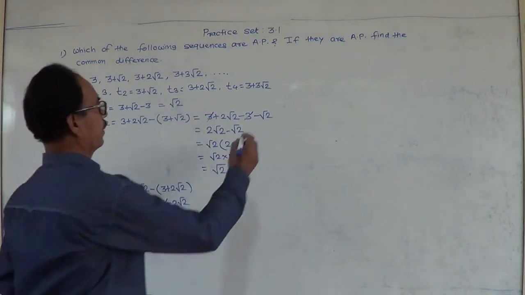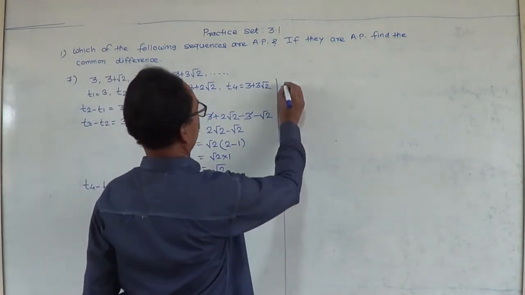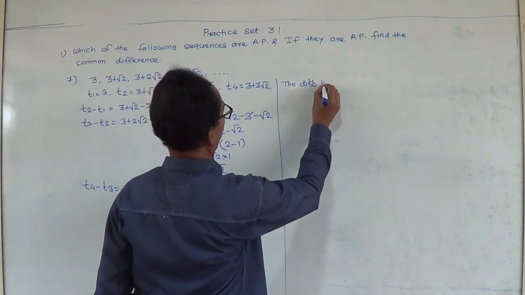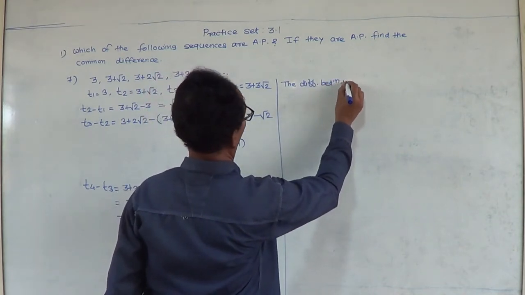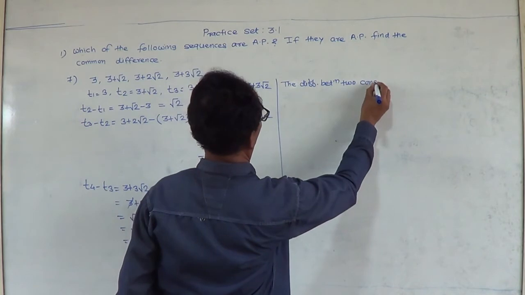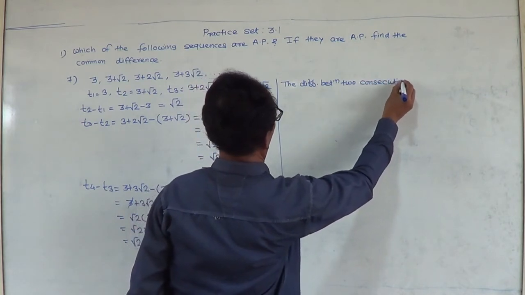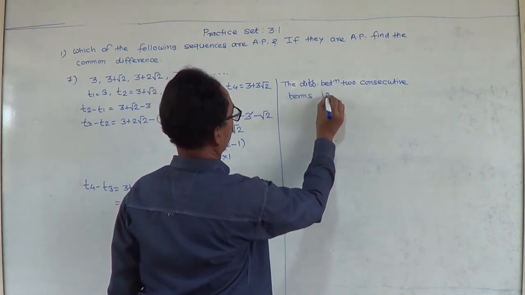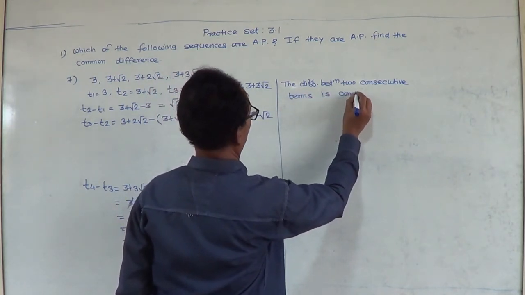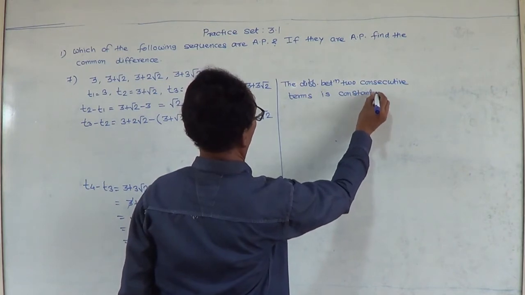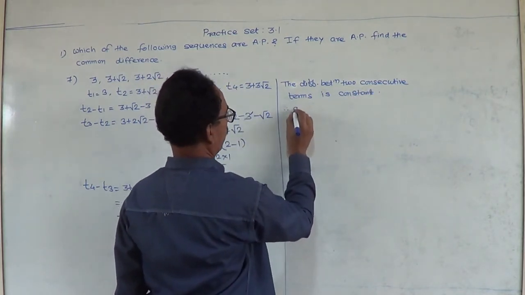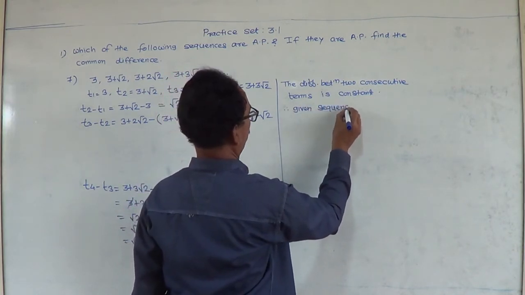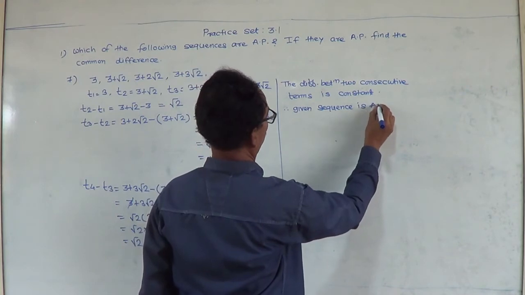So here we can write the difference between 2 consecutive terms is constant, and so the given sequence is AP.